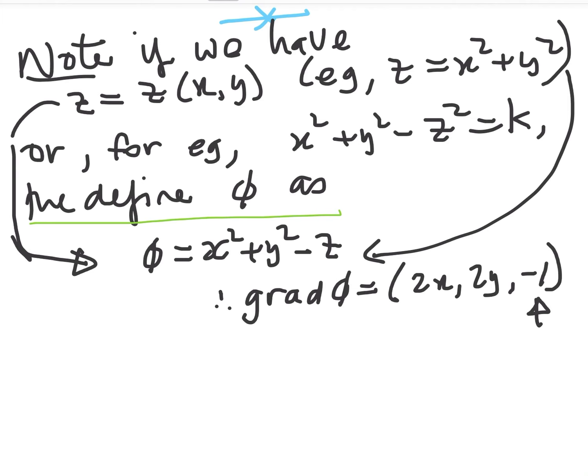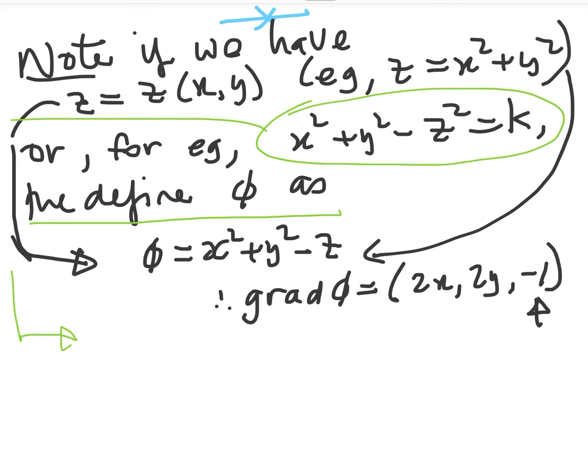In the second case, however, we could say, let phi be equal to, take everything to the other side, x squared plus y squared minus z squared. You can put k equal to 0 or just include the k, it wouldn't change the value for grad phi.